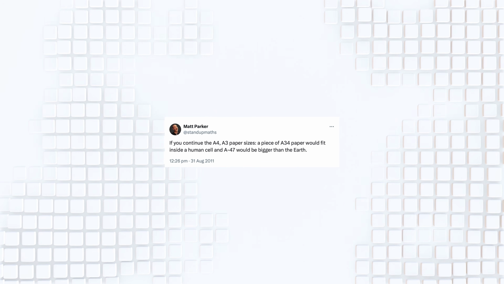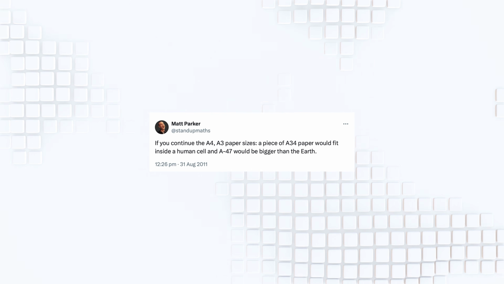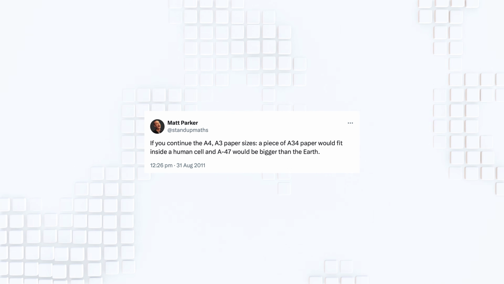And many years ago, back when Twitter was fun, I had a viral tweet based on this. If you continue the A4, A3 paper sizes, a piece of A34 paper would fit inside a human cell, and A-47 would be bigger than the Earth. Old Twitter.